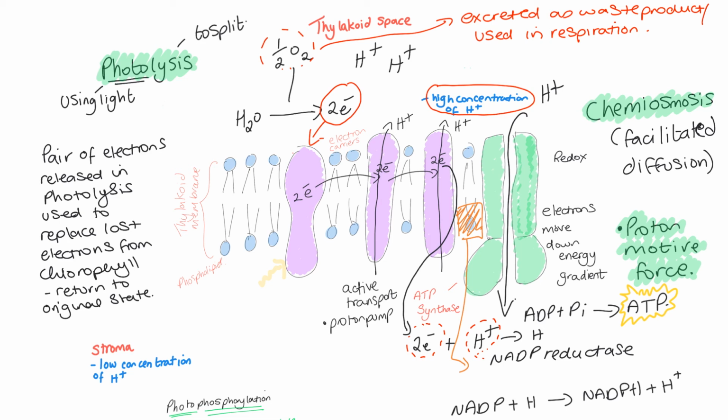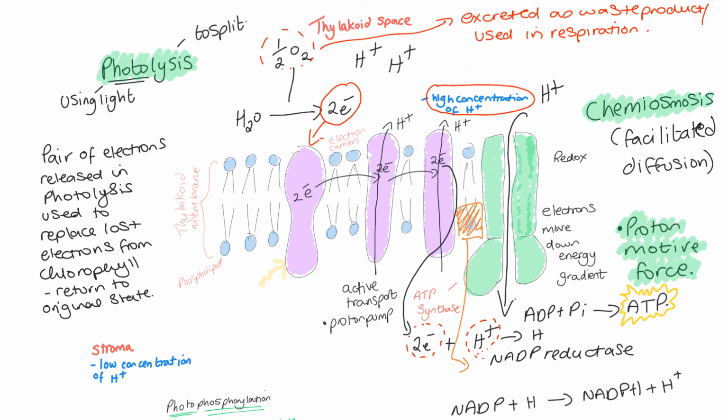This builds up a high concentration of protons in the thylakoid space. These protons move via facilitated diffusion or chemiosmosis through ATP synthase into the stroma. As they move through, they cause the formation of an ATP molecule.